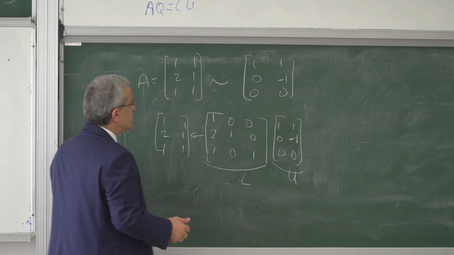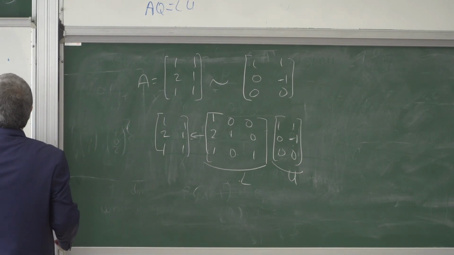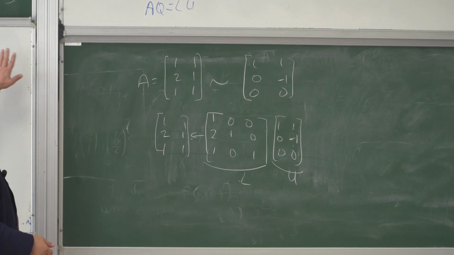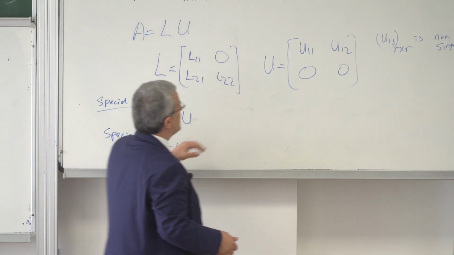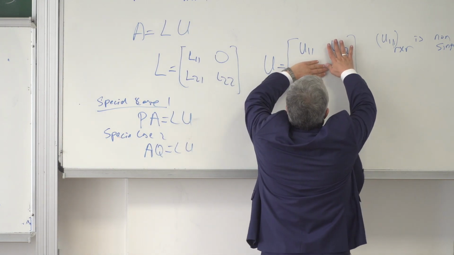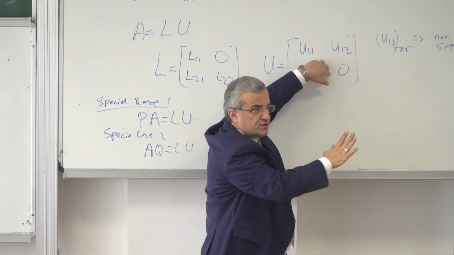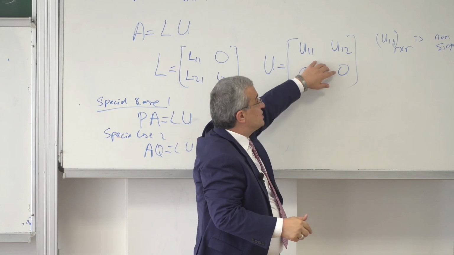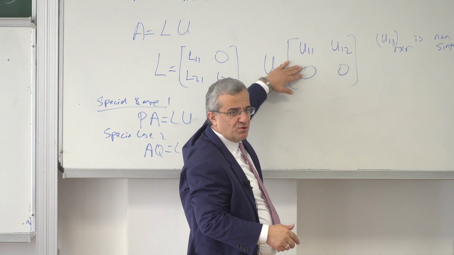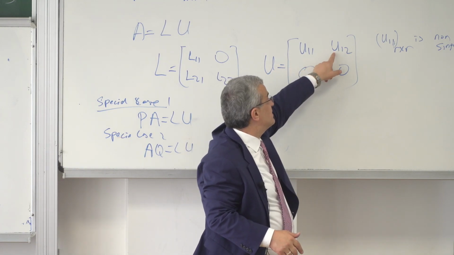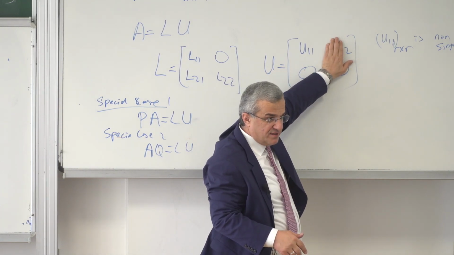So this is the most general form. In some cases, you will not have U12. Sometimes it will be only this one, like we did in the square case. Sometimes, most of the time, you will not have these 0 rows. Sometimes it's going to be like this.